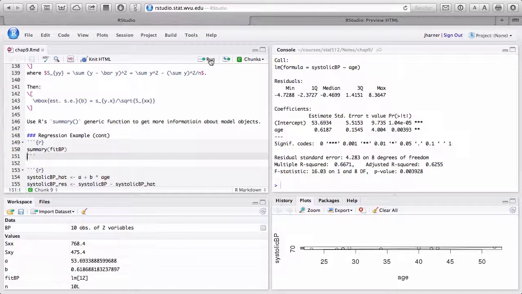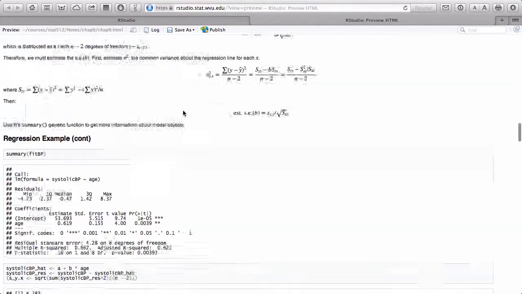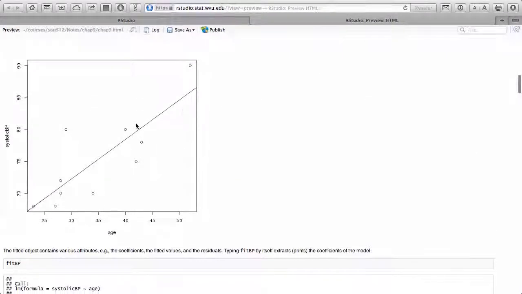It gives the quartiles of the residuals and the min and the max. So the maximum residual is 8.34, and the minimum is minus 4.7. You can kind of see where that might be if you look up here. The max is probably this one, and the minimum might be this one right here, which is negative.